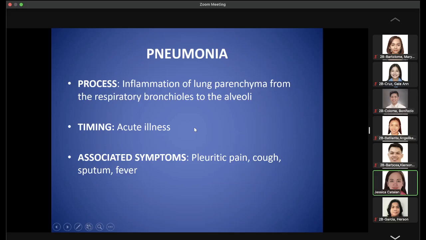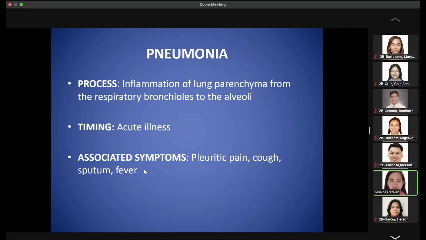Aside from difficulty of breathing, what are the associated symptoms? The patient will complain of pleuritic pain, back pain, cough, sputum production and fever. That's the most common symptom.